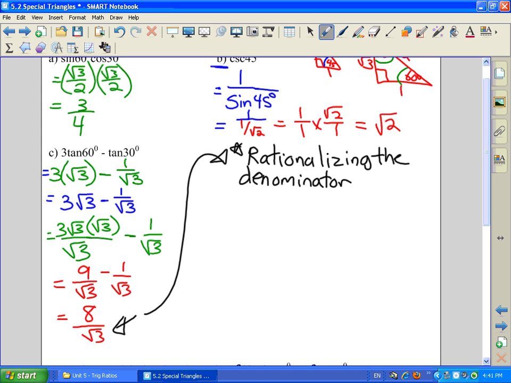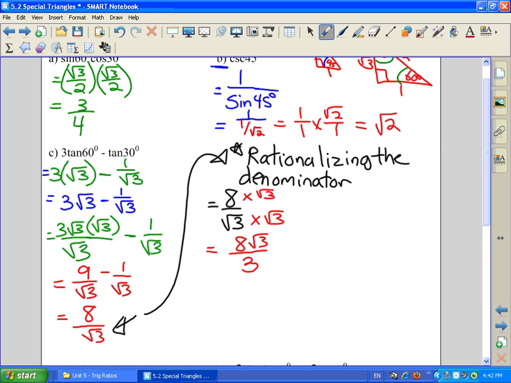Okay, because we can't leave it as root 3, because how do you take a piece of pizza and have root 3 as a part of the whole, right? Doesn't make sense. So all we have to do is, I'm just going to rewrite my answer here. To eliminate a radical, basically multiply it by itself. So you're going to times it by root 3, and whatever you do to the bottom, you do the same to the top. So it's going to be 8 root 3 over 3.